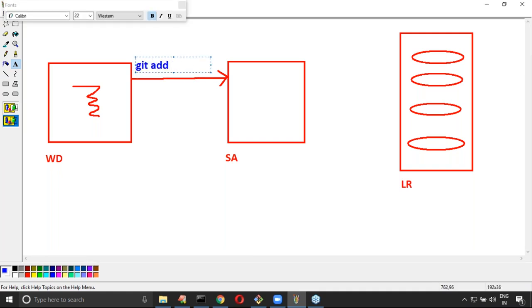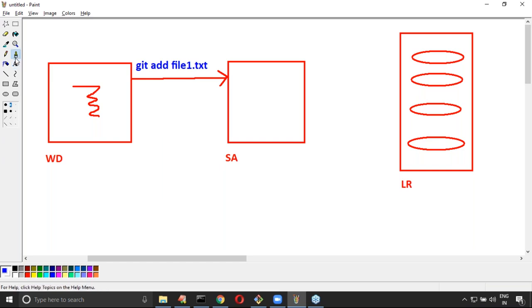Git add, file name, file1.txt. Something like we are doing, sir. Now the changes will be added to staging area. Now next, what is the next operation we have to do, sir? We require to commit.